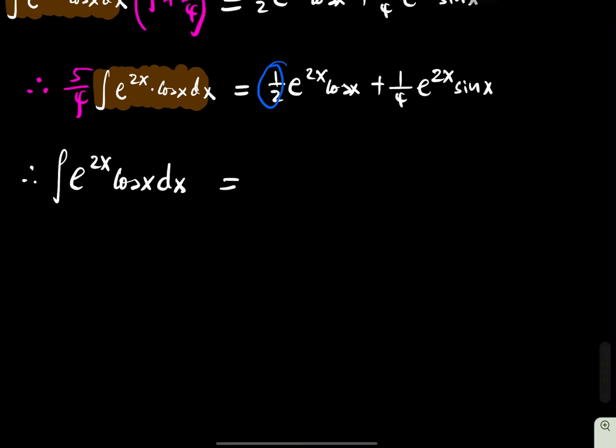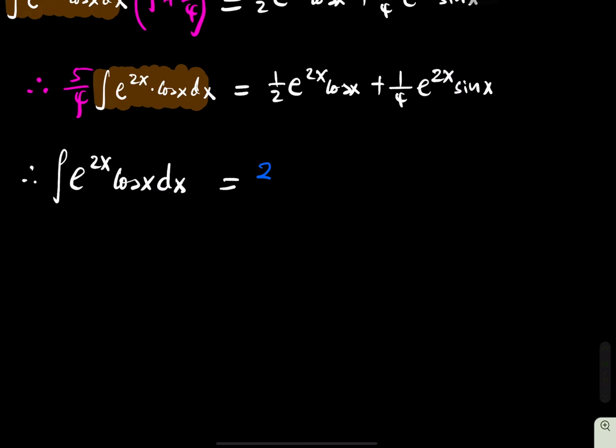So you multiply this by 4 over 5. I may need to type it, I don't want to make mistakes. So 1 over 2 times 4 over 5, that is 2 over 5.